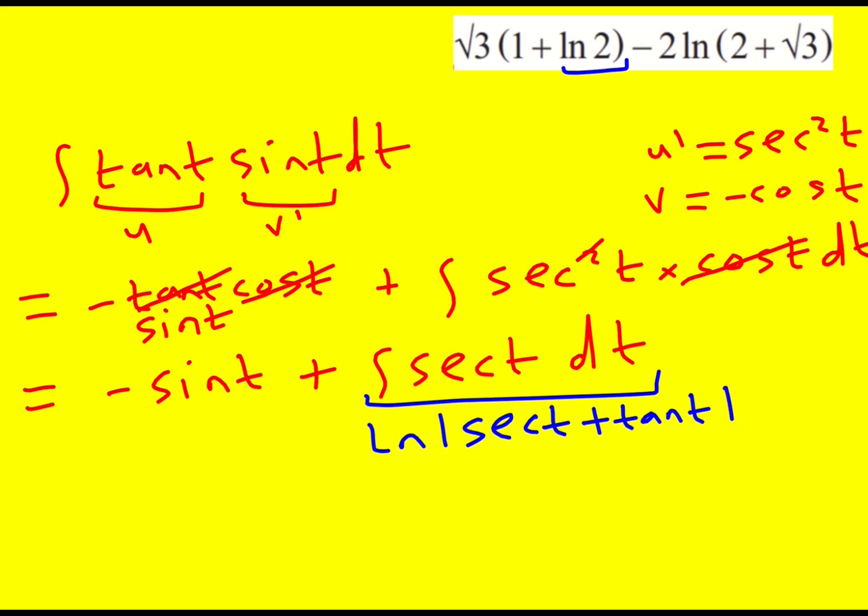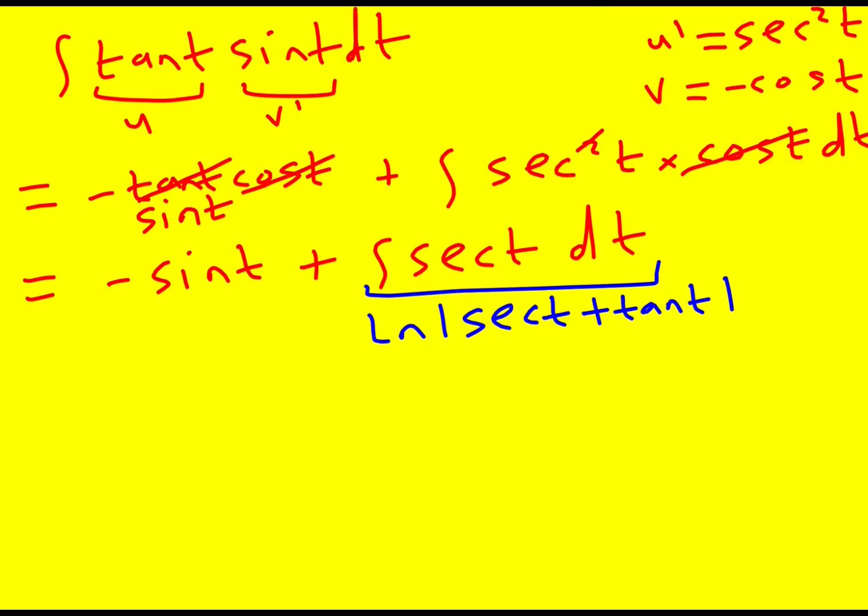There would also be a plus c, but we're going to be doing a definite integral, so I'm not going to worry about that. Now, to show that this is true is really tricky, and you almost need to know the answer to actually get to this. You have to multiply top and bottom by sec t plus tan t, do a substitution, and it will come out. But basically, just learn this one so you can identify it.